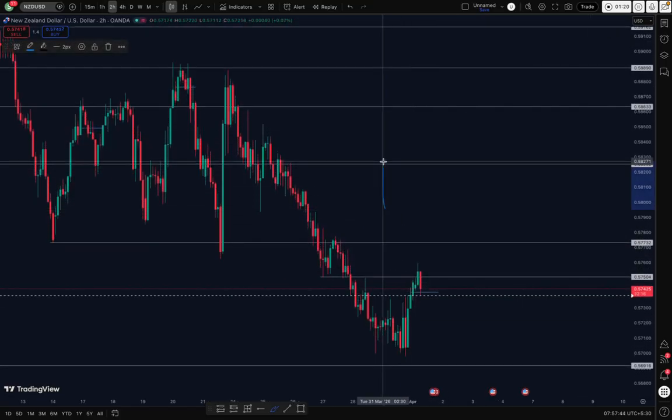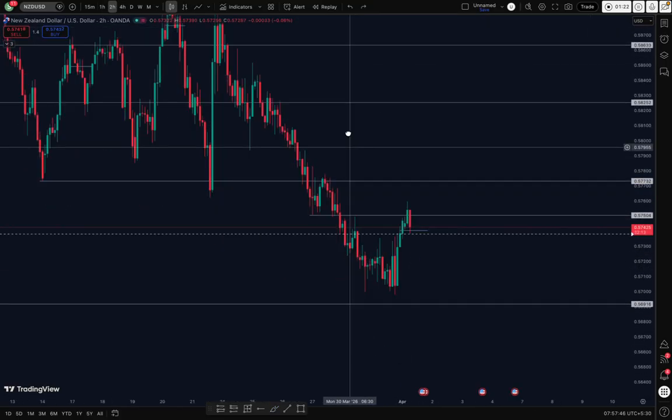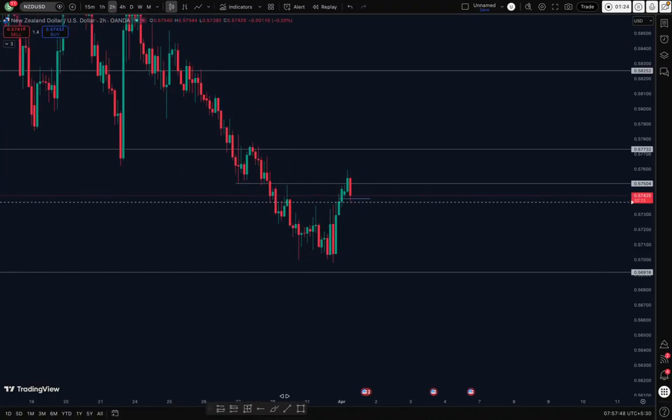But on the 2 hour time frame, very clearly, we've come into this inflection point where it had broken continuation, but then this is that inducement type of move where it has taken out all these previous highs.